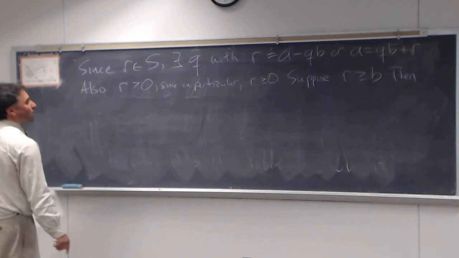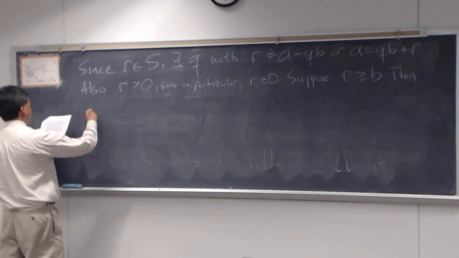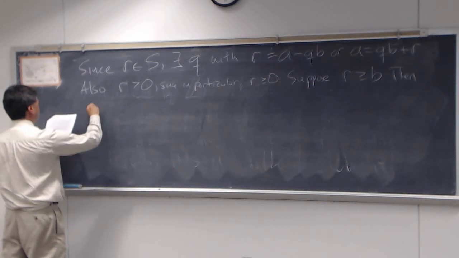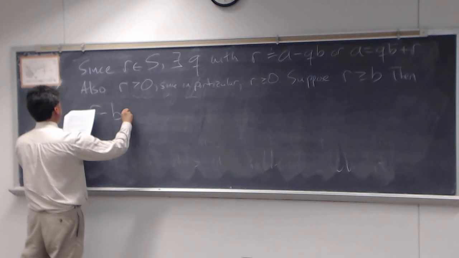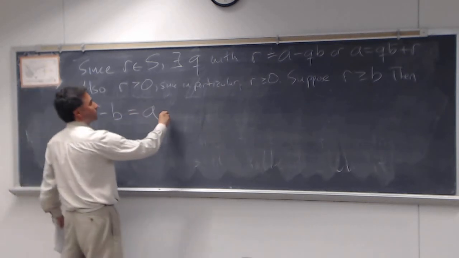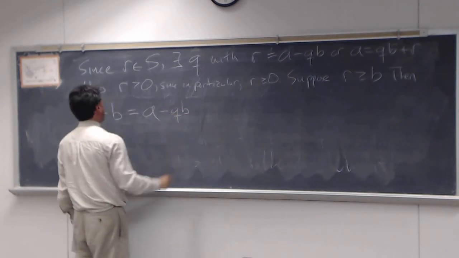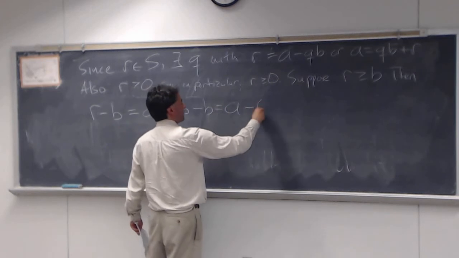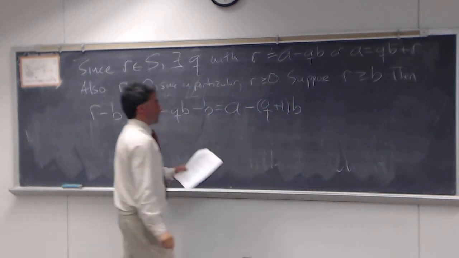Then that would give us r minus b as nonnegative. If you look at r minus b, r is a minus qb minus b here. This ends up being a minus (q plus 1) times b.